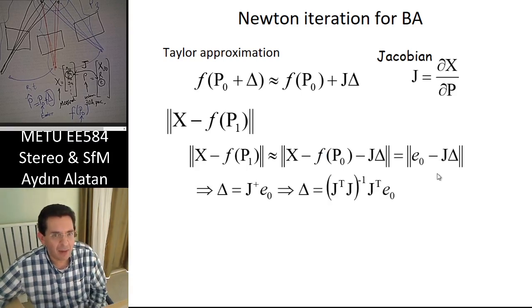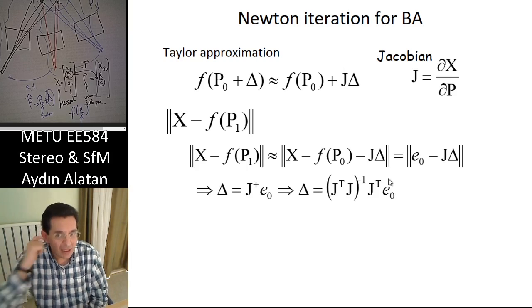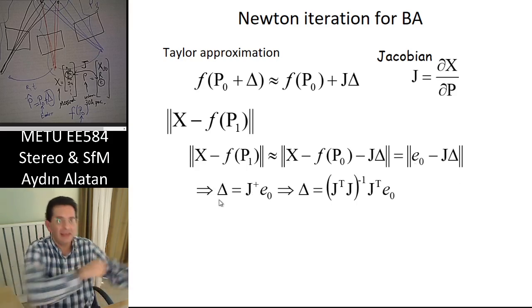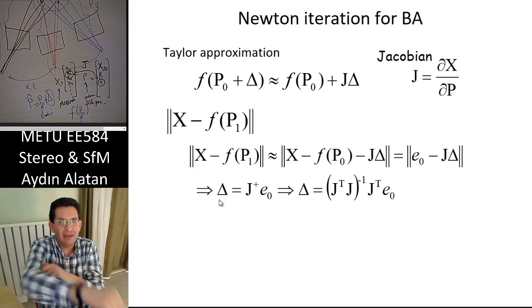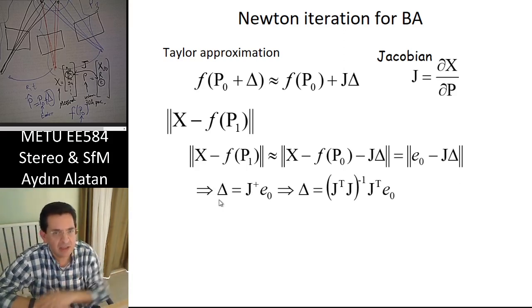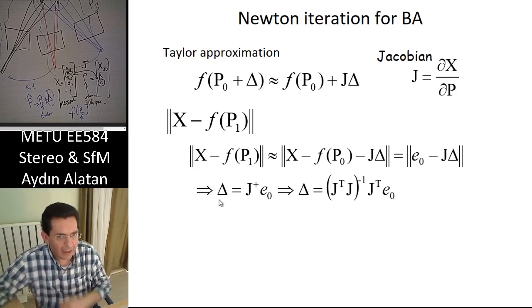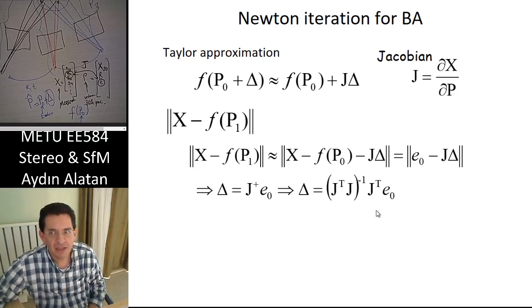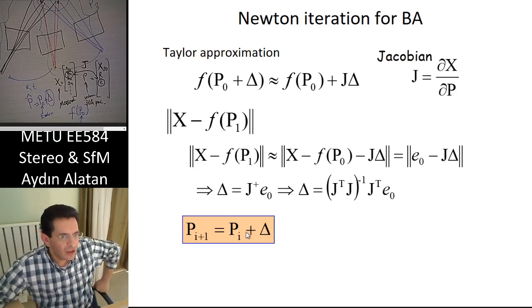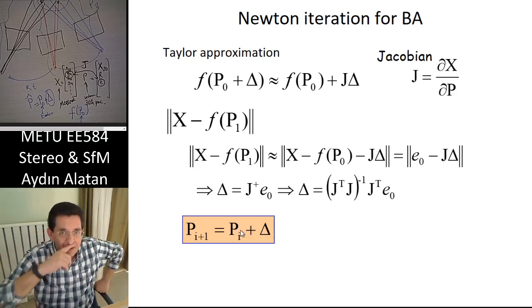You are trying to minimize this. One can show that this is a least squares solution as before. The pseudo-inverse of J times E0 will give you the delta. Note again, this delta is an update in the 3D structure and an update in the pose on top of P0. This pseudo-inverse can be written in this form. I obtain the delta and insert it on top of P0 iteratively.